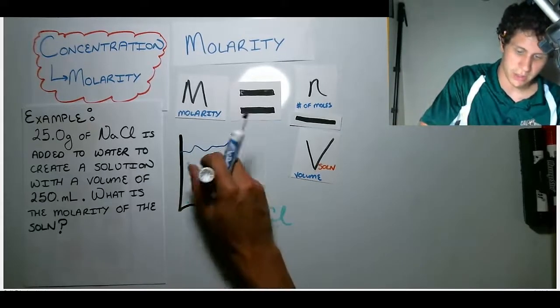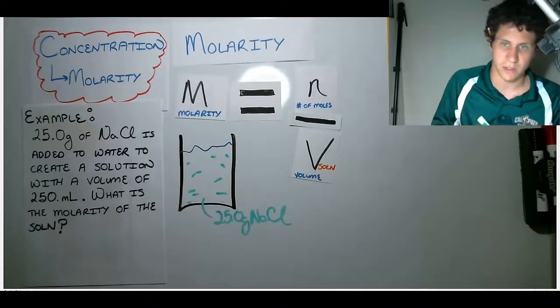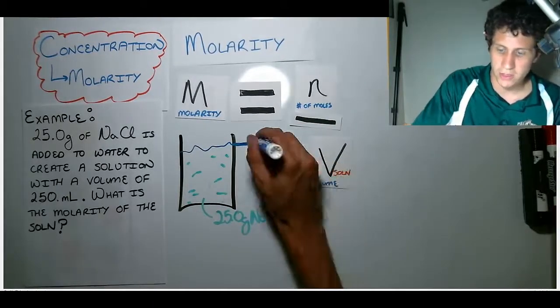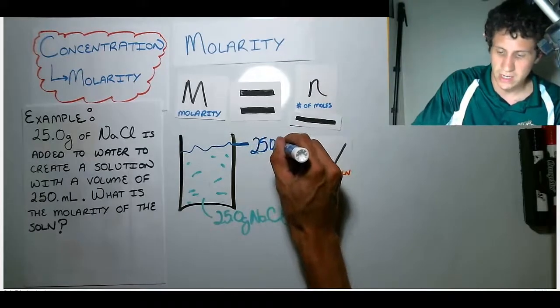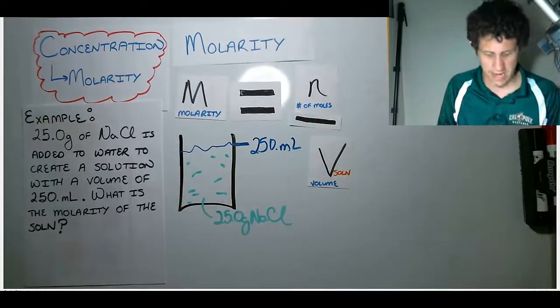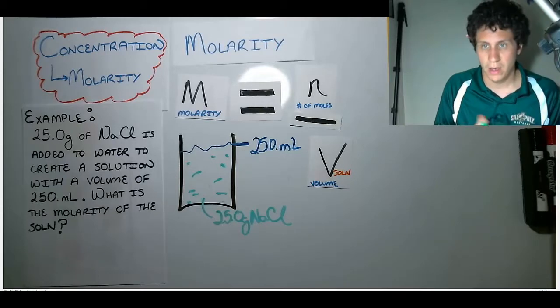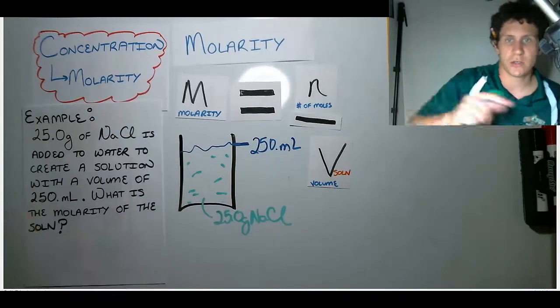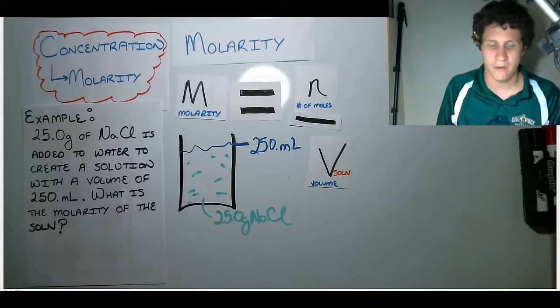I'm just going to show this as dots, to represent that it's dissolved at this point. And at the very end, the total volume of the solution is 250 milliliters. So what is the molarity of this solution? What is the concentration? That is effectively what we're going to try to find.